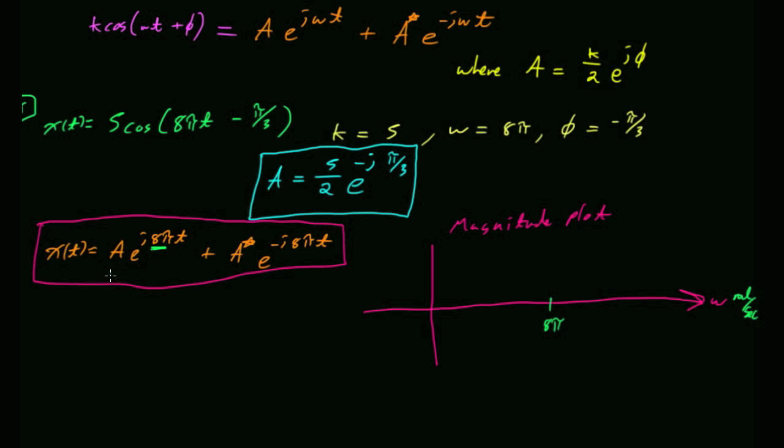If A is a big number, I do have a lot of 8 pi. I look at the coefficient of the 8 pi term, and I see that the coefficient is A. And how much of it do I have? 5 halves. So I come over here, and I draw myself a little stick, and I say 5 halves.